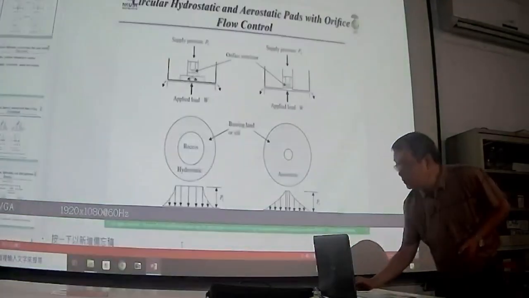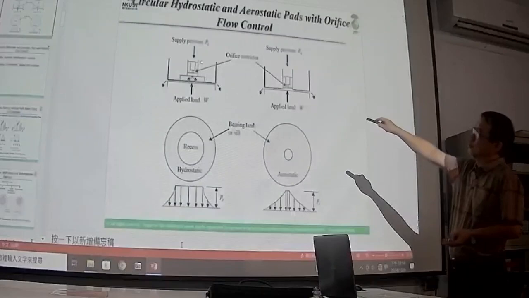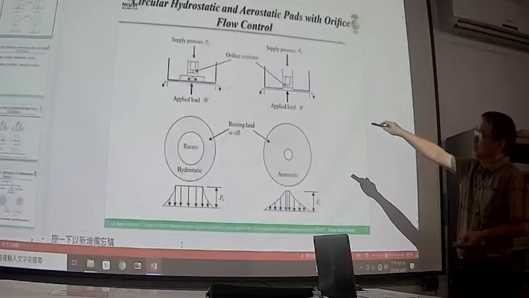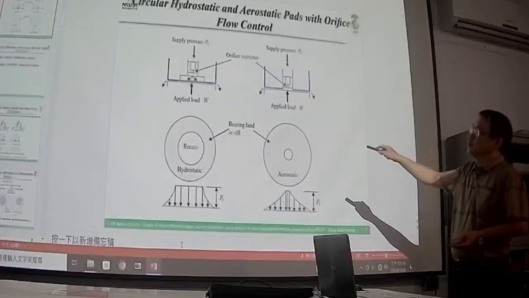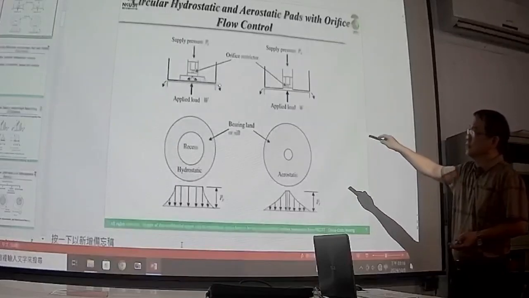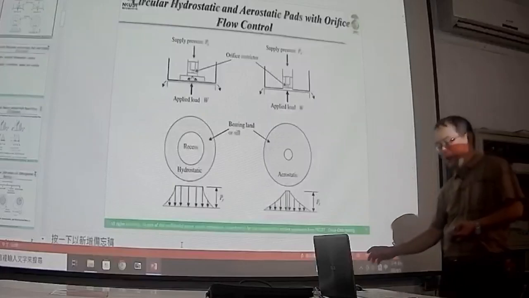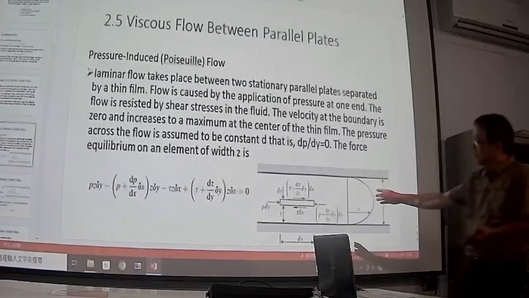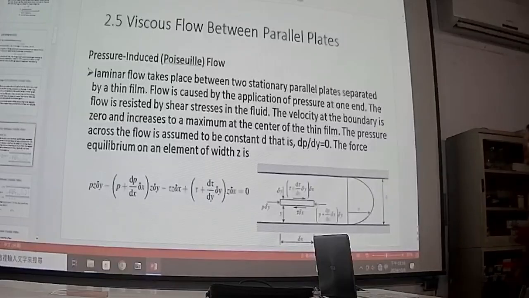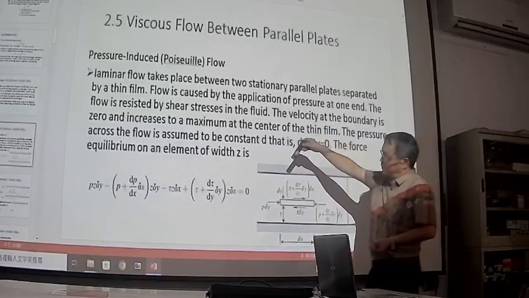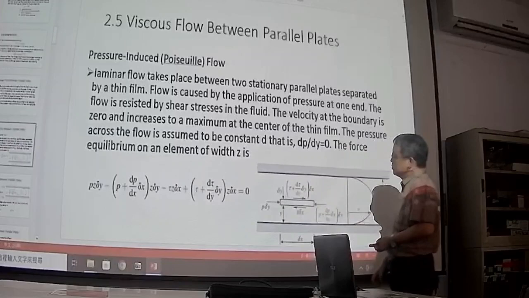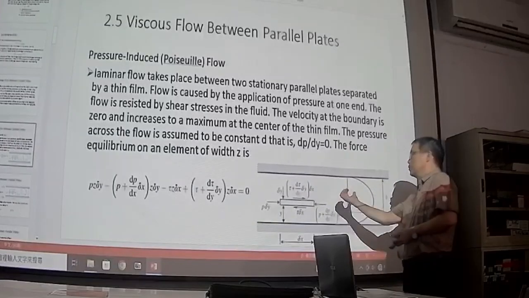The pipe ends are pumped in here, so the flow moves from this point to the outside of the bearing. When you look at this small interval, it is exactly the same as this one. So the pump supplies lubricant into this bearing surface, and the lubricant moves in this direction.